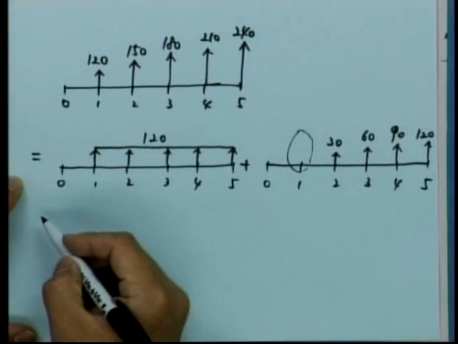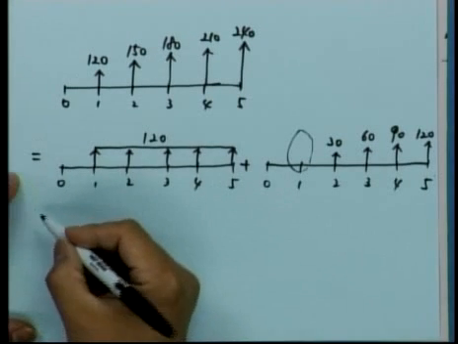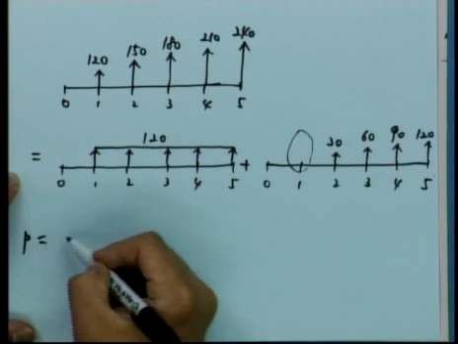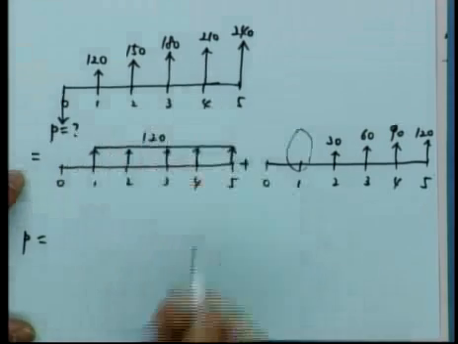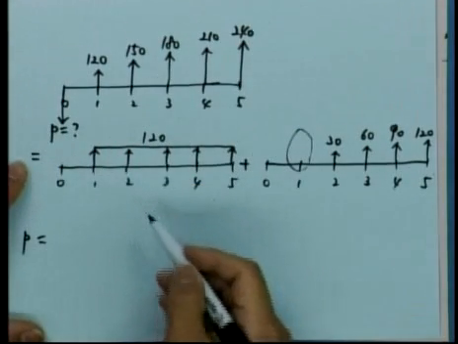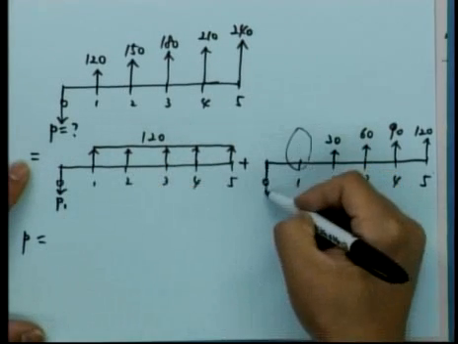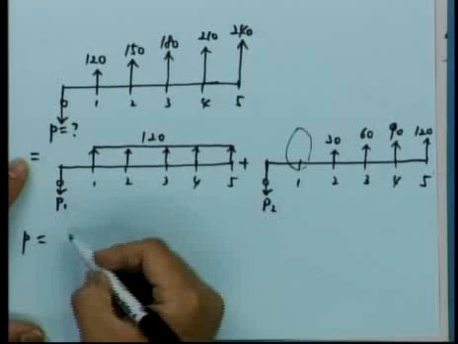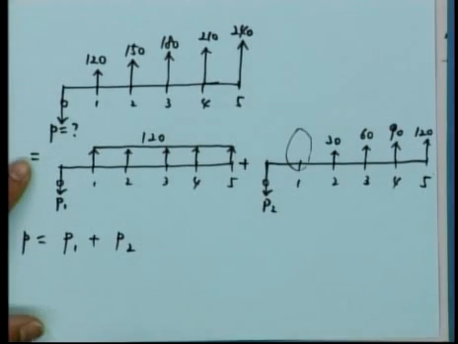So we want to get the present sum P at the end of year 0. Let's say this is P1 and P2. Then P would be the summation of P1 and P2.